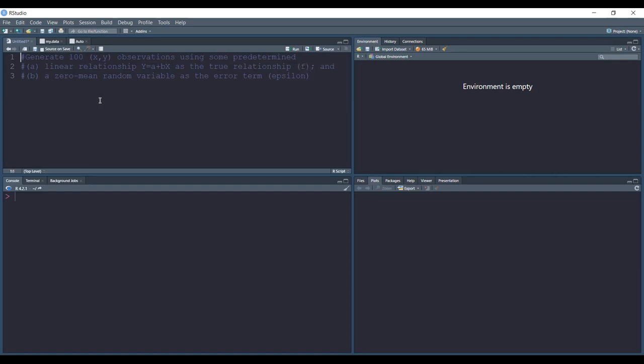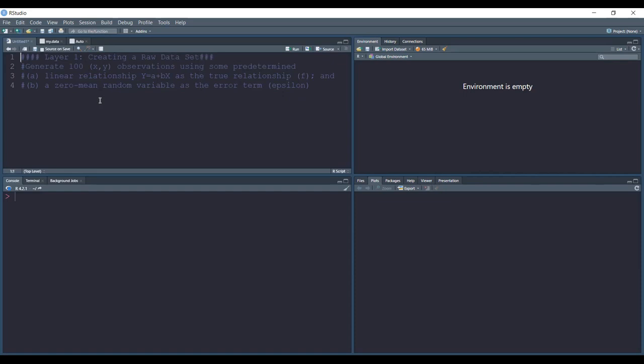So this is the first layer, right? This is the first layer of how we're going to think of this material. So layer one, creating a raw data set.